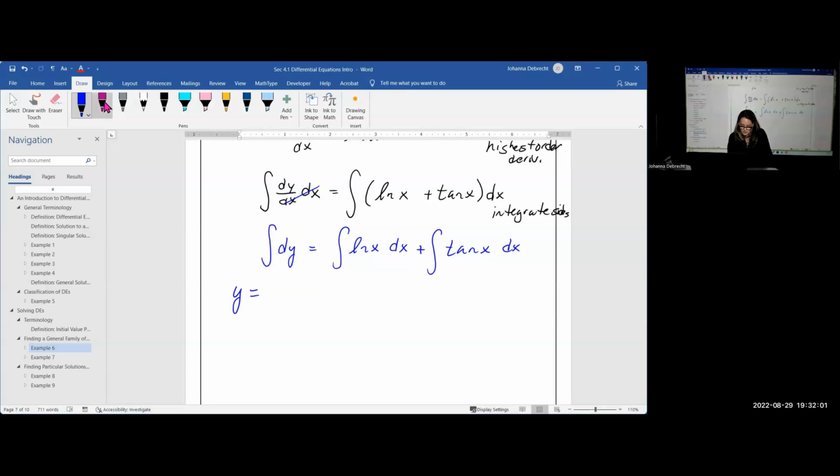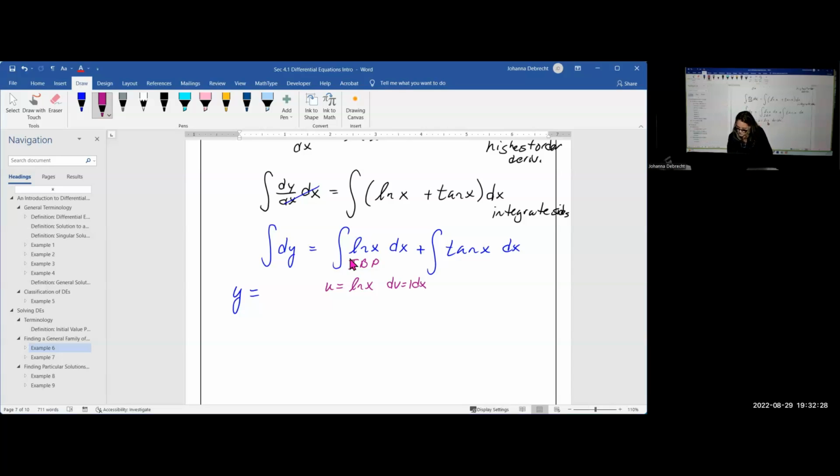Now, to integrate the natural log of x, I need to use integration by parts. So this is going to be integration by parts, where I've got u equal to the natural log of x and dv equal to 1 dx. Remember that you can always take the dv part to be 1 times dx, the differential.